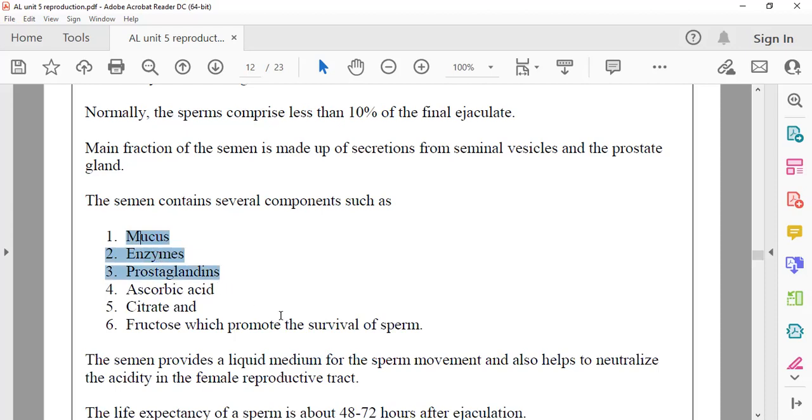What components are present in the other things? Mucus, certain enzymes, chemicals called prostaglandins, ascorbic acid meaning vitamin C, citrate, citric acid, and fructose will be there. Okay, right.